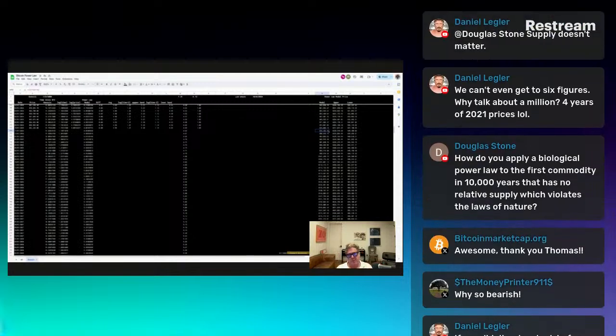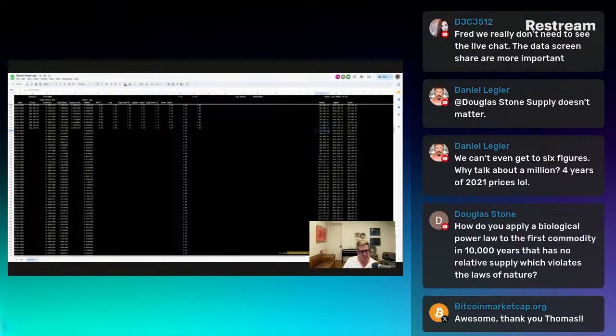This agrees with exactly where Sina's saying. So I'm super happy that I'm in agreement with Sina on why so bearish. The model isn't bullish or bearish. The model is the model. So when everybody says you're bearish, no, this is a model. This is the data. You may not like the data, but this is the data.